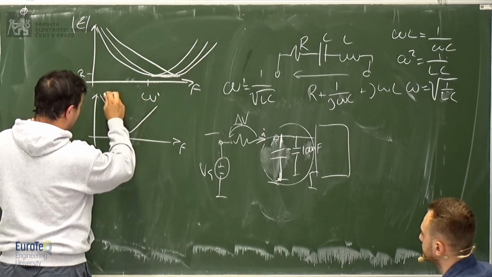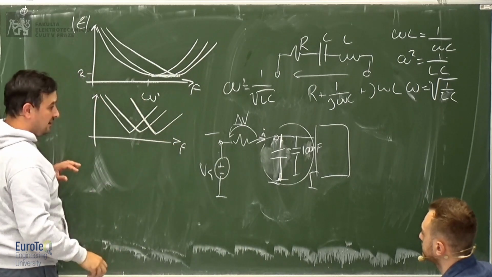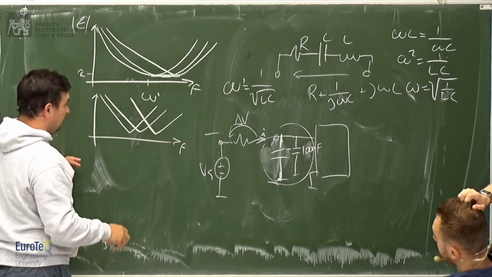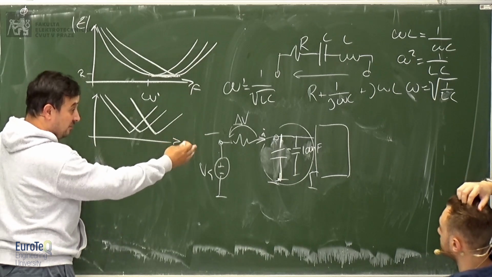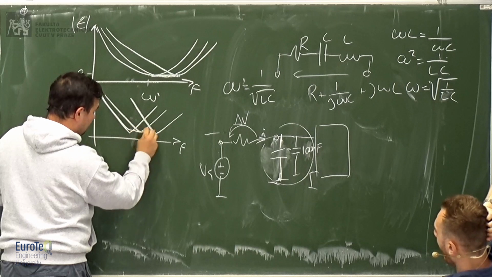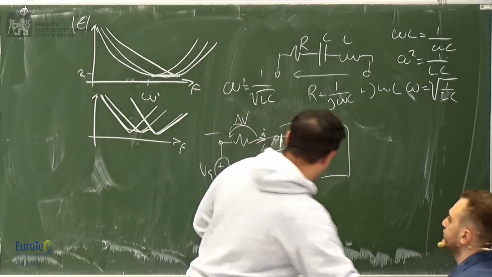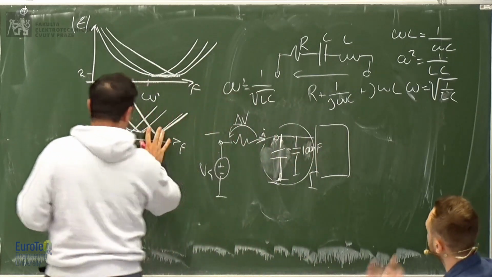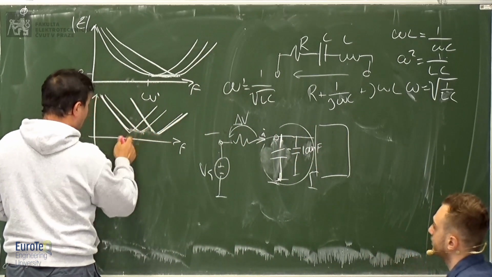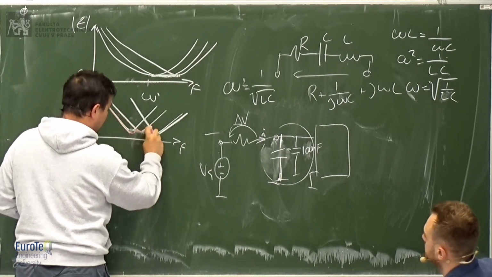But it's closer. So if you have different Q factors, different capacitors added together in parallel, then you kind of get something like that, okay? So it's not just the capacitance that's being added, it's also the inductances and the resistances. You have to take into account all these.